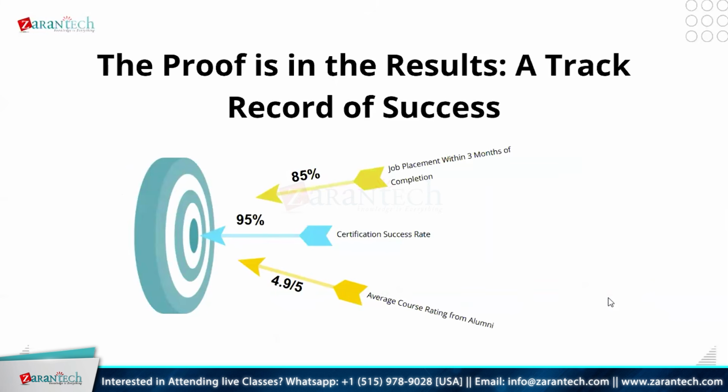So these are some metrics we have tried to show you. There is an 85% chance that within 3 months of completion of your certificate, you will be placed in any of the leading implementation partner companies. These are the companies called Workday partner companies.